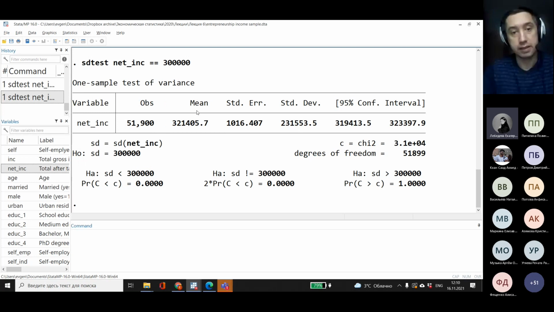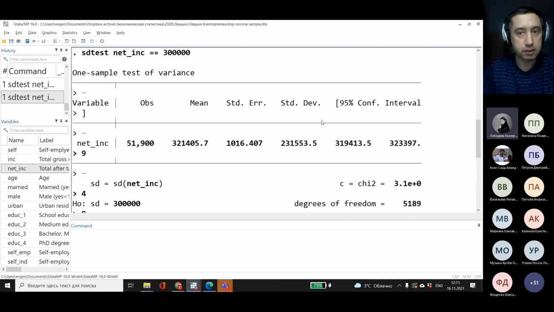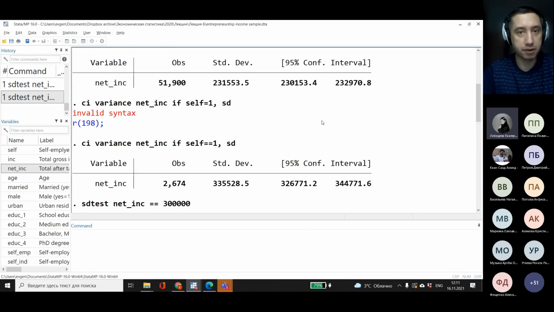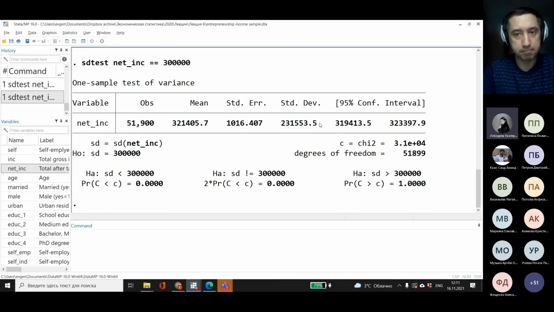And look, Stata here estimates the sample average, sample standard error, sample standard deviation, while it also calculates the confidence interval for our average, and it calculates the chi-squared statistic.